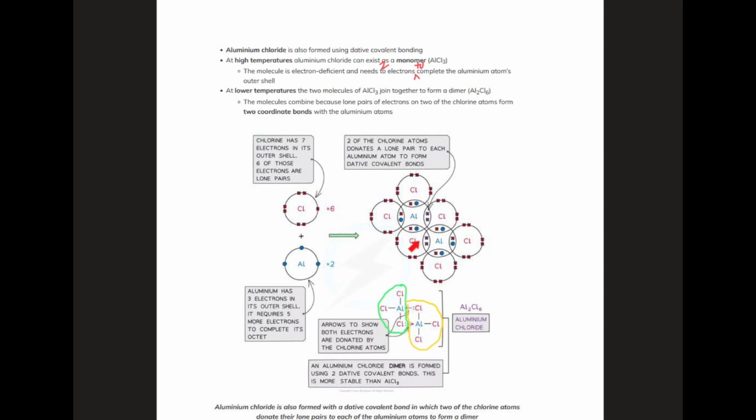How do we know that it will form a dative bond? Basically, they form a dative bond when there is an electron deficient. That is the first thing. One of the molecules must be electron deficient, and the other atom has a lone pair, for example, and then they will form a dative bond.